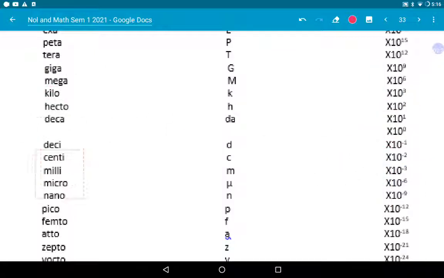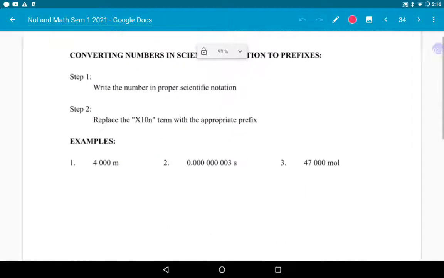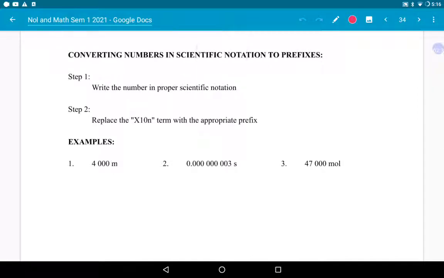So we can work on the next page. First of all, we're going to go from converting numbers in standard form to scientific notation to prefixes.